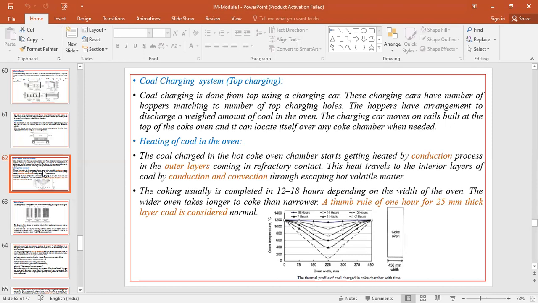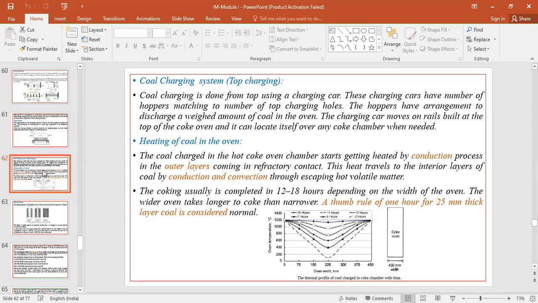and with the help of this charging car, the lids of the charging holes will be opened, and there will be a hopper aligned exactly at the top of the charging hole, and the charging will be done from the hopper into the oven.